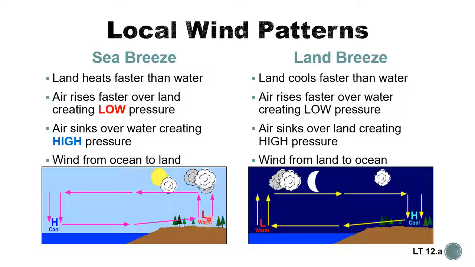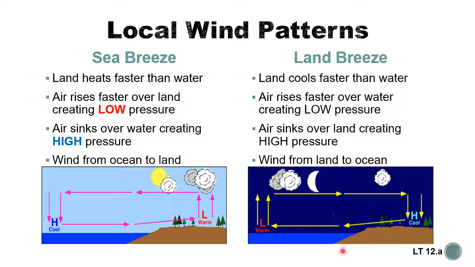It's going to rise, which is going to create low pressure here at the surface. Our air is going to be sinking over water because it's cooler over the water, which is going to create a high pressure. Remember, we're compacting the air over here, which means the wind is going to blow into land from the sea. And since it's from the sea, we call it a sea breeze.